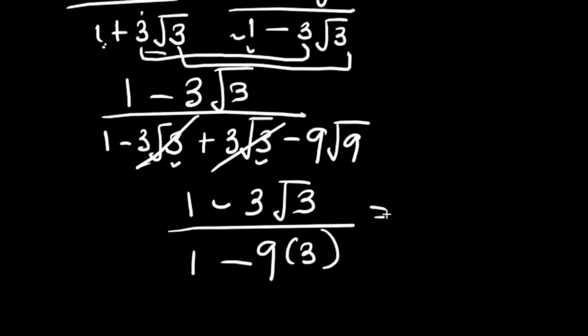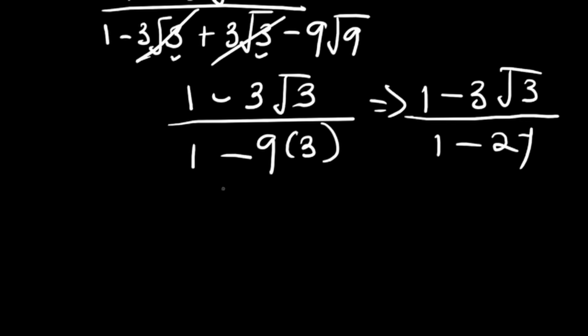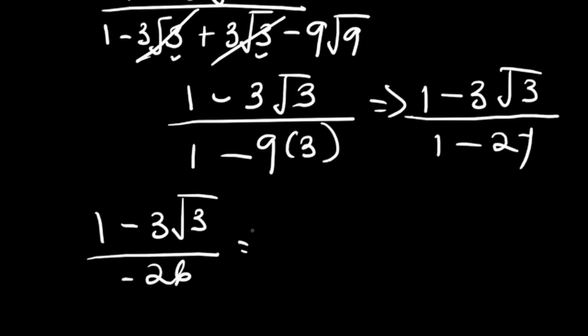Okay, so we can simplify this further to be 1 minus 3 square root of 3 over, now 9 times 3 is what? 27. So we have 1 minus 27. Simplifying this further, we have 1 minus 3 square root of 3 over 1 minus 27 is negative 26. Okay, so we can see that there are two terms on the numerator. This one is the first one, and this is the second one.